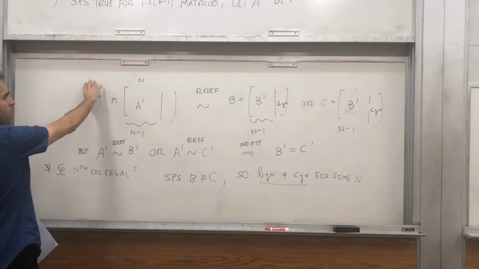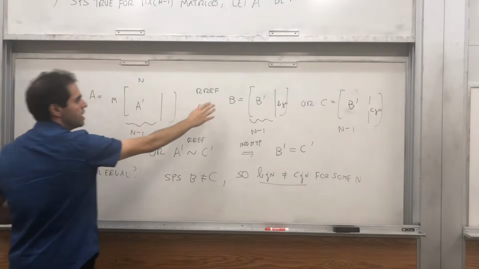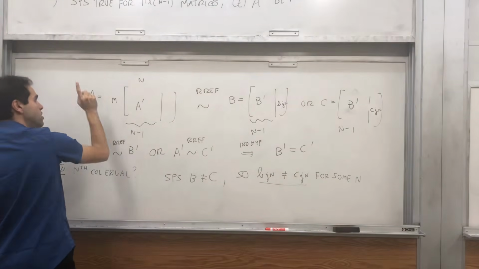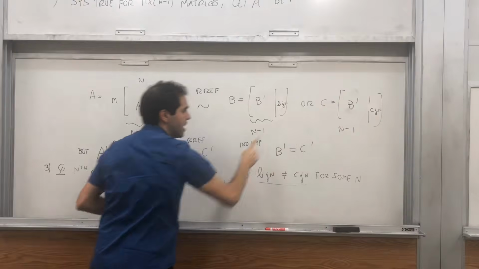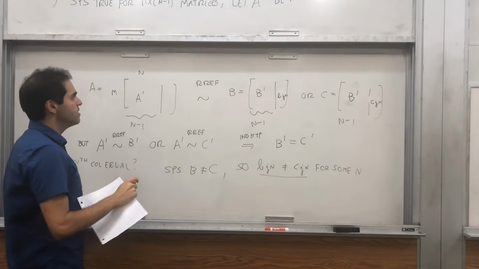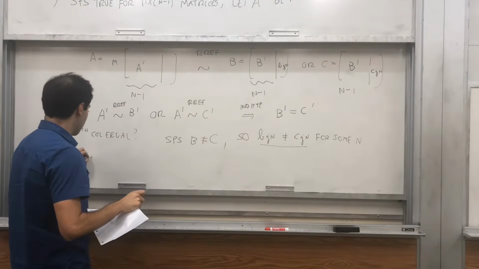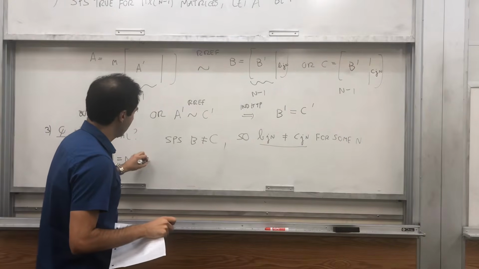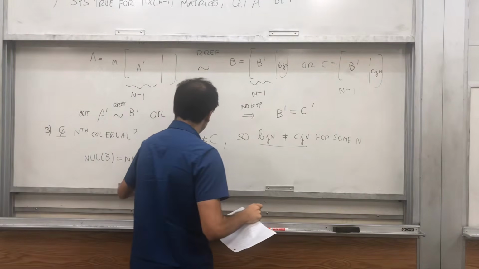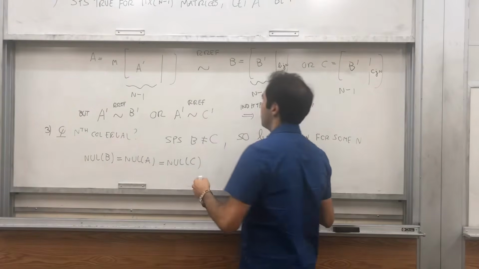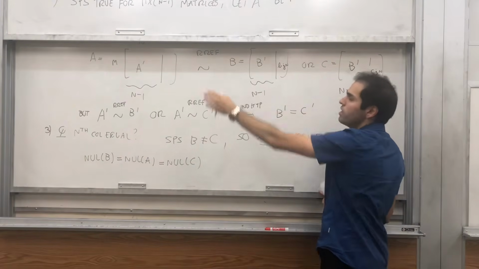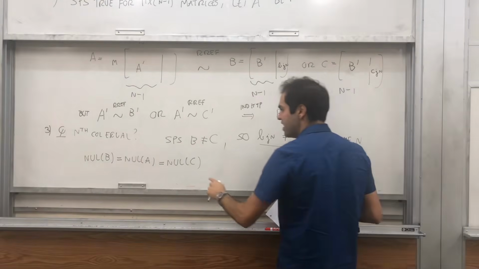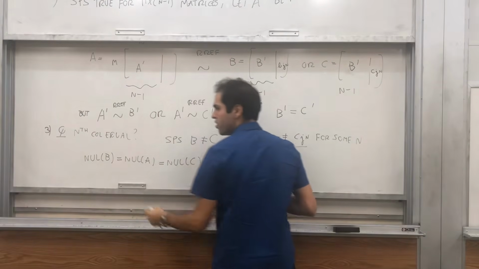In particular, if you row reduce A to get B, the null spaces are the same. And also the null spaces here are the same. So what we get is that the null space of B equals the null space of A equals the null space of C, because again, row reduction doesn't change the null spaces. So in particular, those two null spaces are the same.